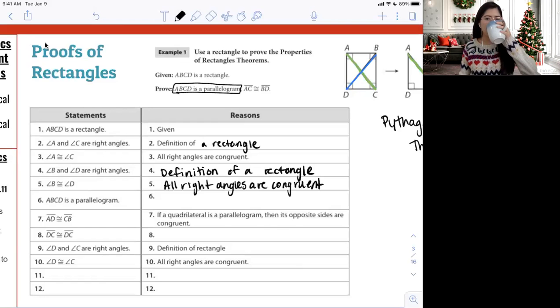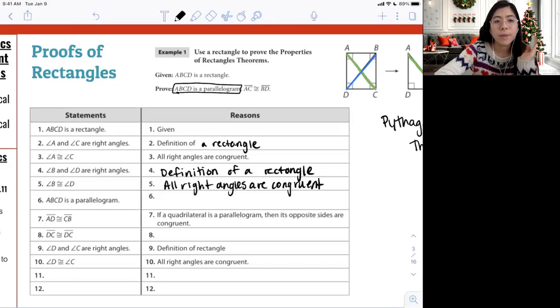What do they have to have? It says if a quadrilateral is a parallelogram, the diagonals bisect each other. That doesn't apply here, right? No, because we haven't proven that yet. But keep going with that. What else do we know about parallelograms from yesterday's class?